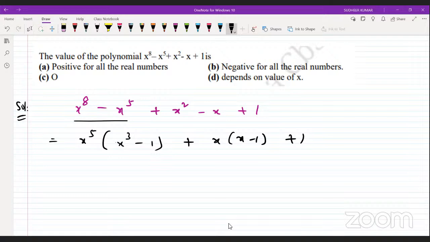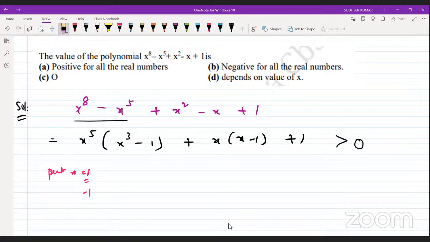Let's check this result. So let's take the values. Put x equal to 1, a positive number, a negative number and 0 also. Whatever it is, we get the result greater than or equal to 0.